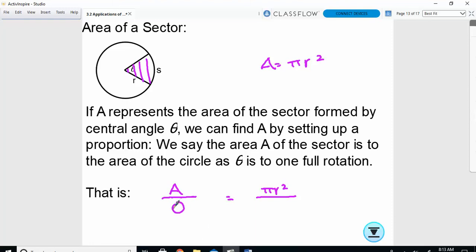So if I want area of just a certain portion, I need that angle. And we know that if you were talking about the whole circle, what would your angle be if you went all the way around the circle? 360 degrees, which is 2 pi if we're in radians. So area of a whole circle is pi r squared, the angle in a whole circle is 2 pi.